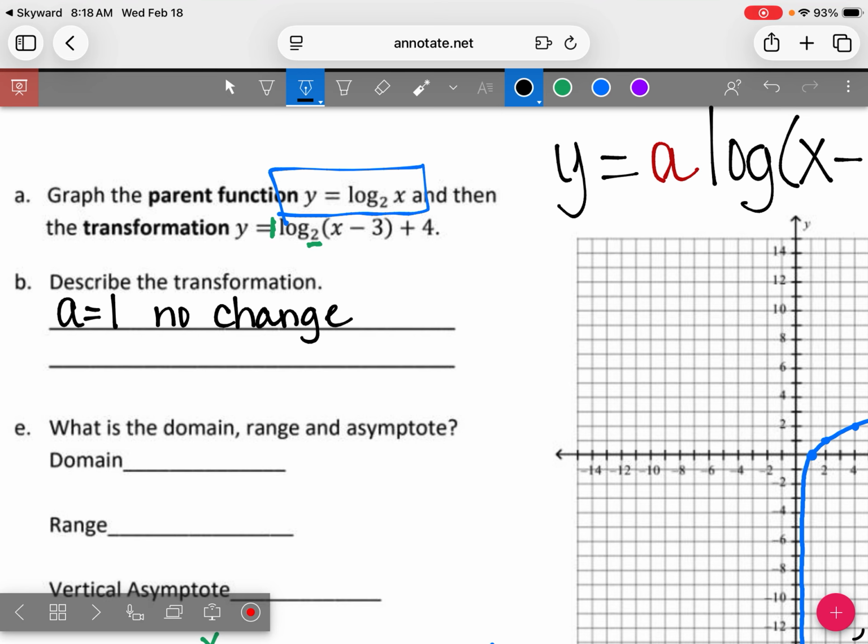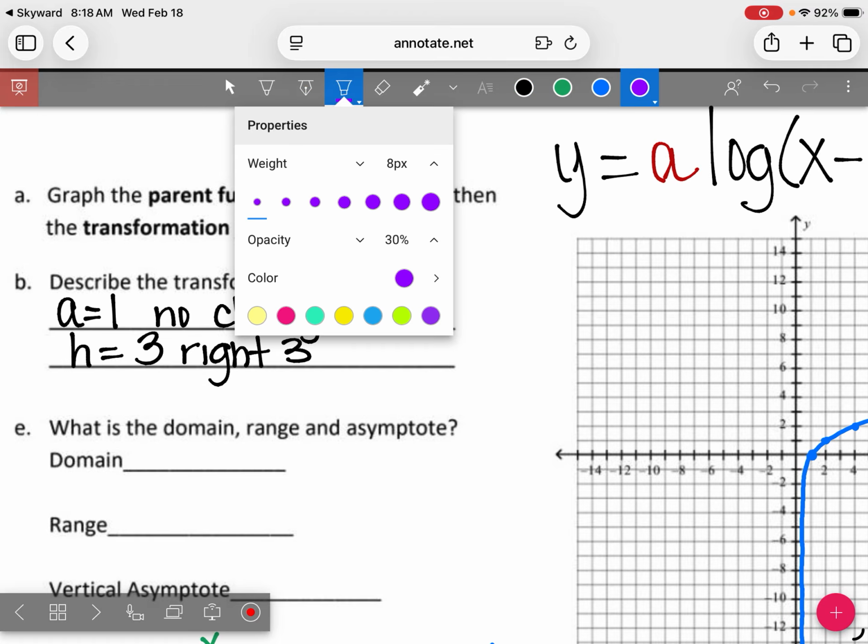H is still inside and you flip it. So somebody besides Isaiah, what would H be? Positive 3. And do you remember what that makes the graph do? Right, 3. Yep.